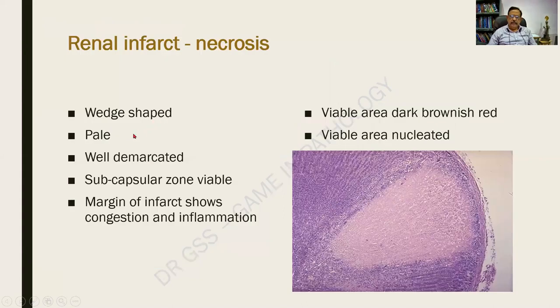It is wedge-shaped, it is pale, it is well demarcated, and there is a subcapsular zone that is viable. And the margins of the infarct show evidence of congestion and inflammation. Viable areas of dark reddish brown can be seen, and the viable area is nucleated. Why is it brownish red? It is because of the increased capillary proliferation.